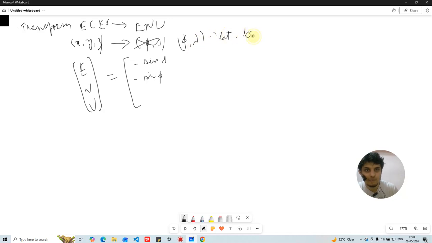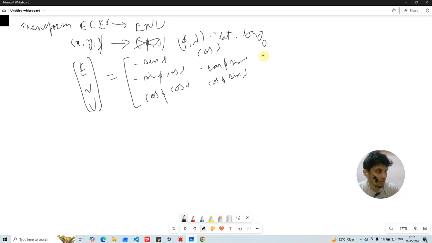Then sine phi cos lambda, then we have cos phi cos lambda, then cos lambda, minus sine phi sine lambda, cos phi sine lambda, then surprisingly a 0, and cos phi and sin phi.